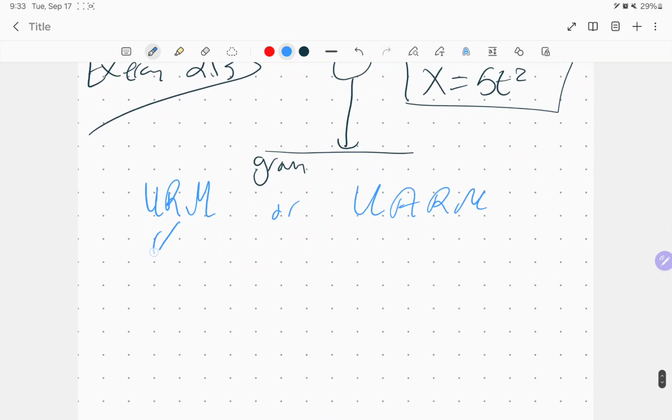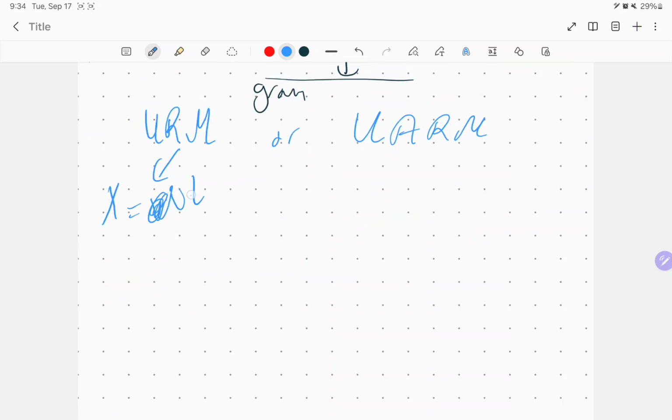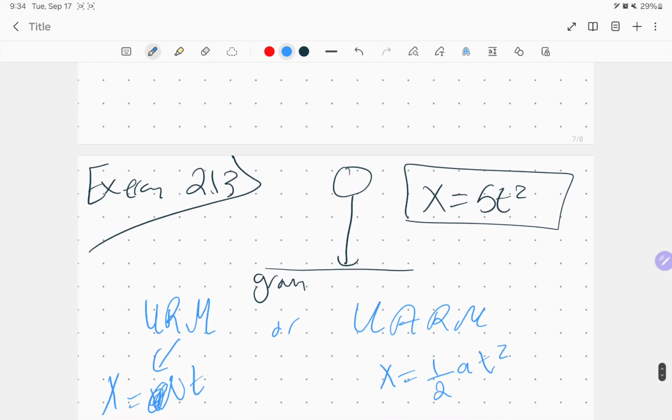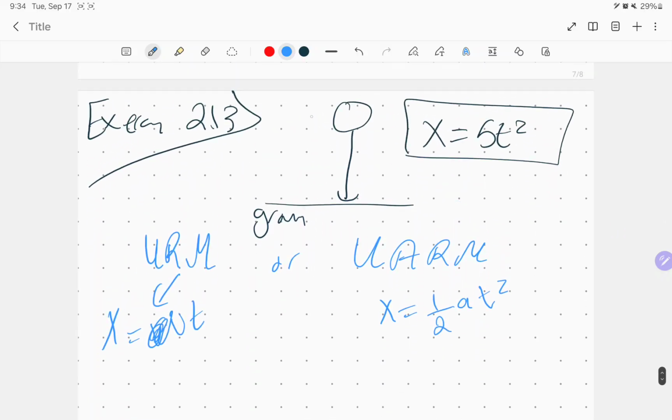But from the equation of motion, we know that for URM, x equal to vt, and here x equal to half a t squared, if I'm starting from rest. Over here I fall, so v initial was 0.